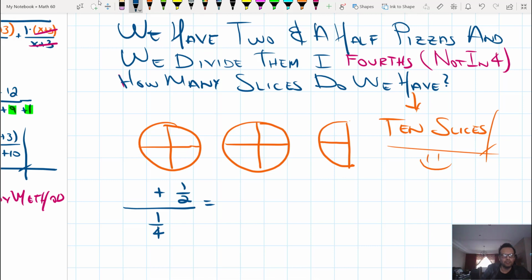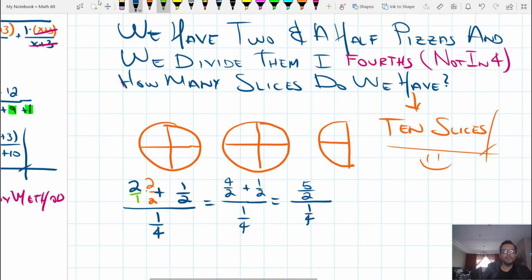These 2 pizzas are divided by 1, so we need a missing factor in order to have the same denominator, 2 and 2. So we will essentially have 4 halves plus 1 half, divided by 1/4. We can add the halves in the numerator, 4 plus 1. That will give us 5 halves divided by 1/4.